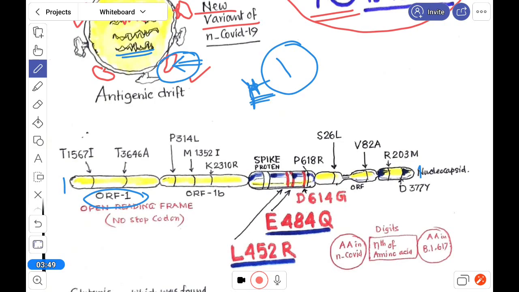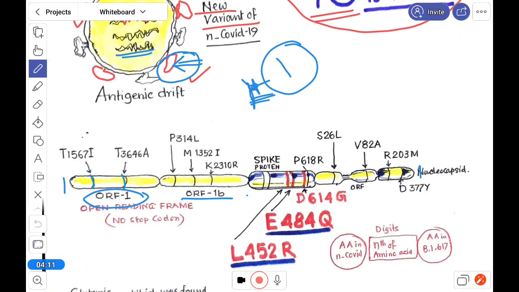Open reading frame means there is no stop codon, and the viral genome, the exon part, is there, so a gene is there. There are some changes here. Another open reading frame is for the viral enzyme that it makes.